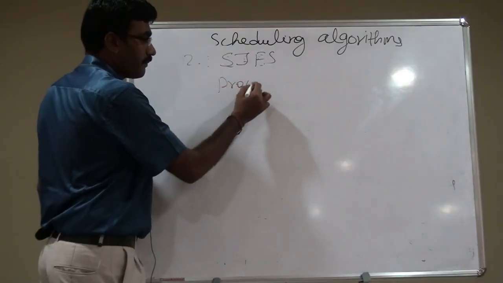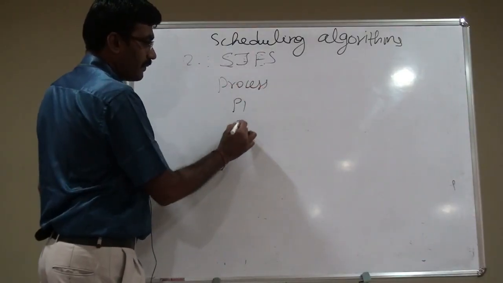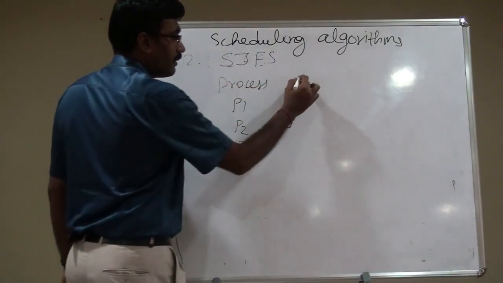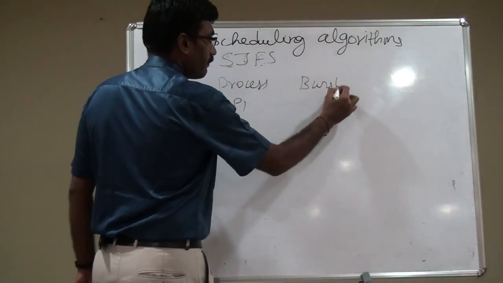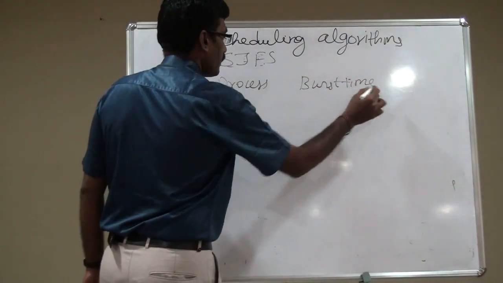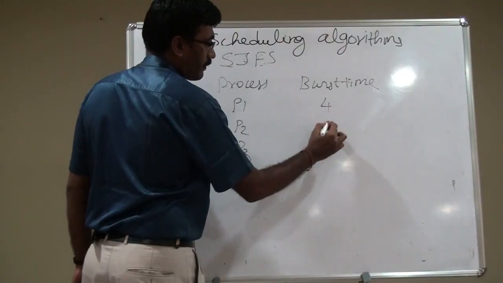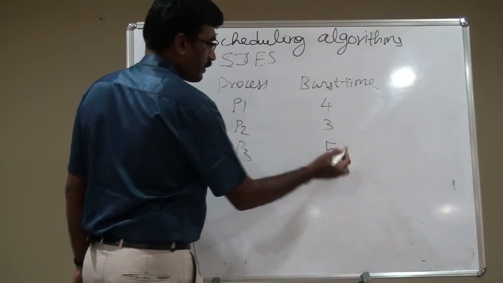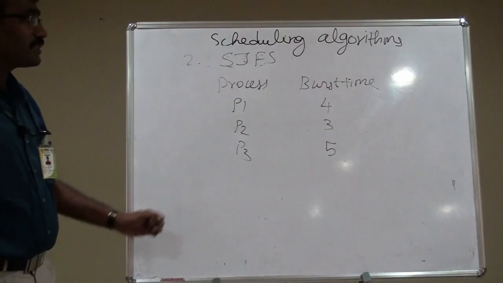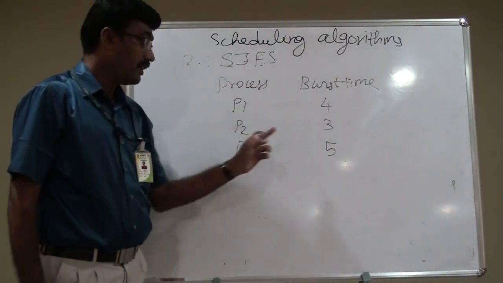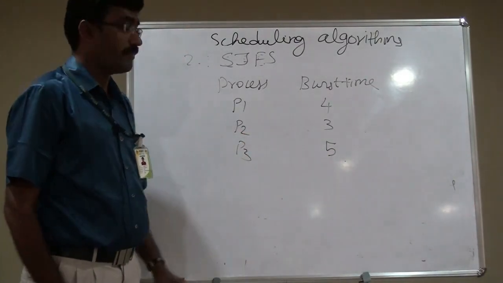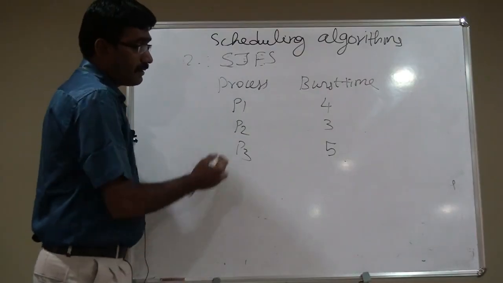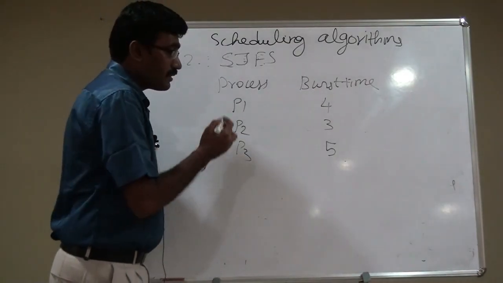Processes P1, P2, P3, burst time: P1 burst time is 4, P2 burst time is 3, P3 burst time is 5. Now in the given processes, which one is the smallest job?